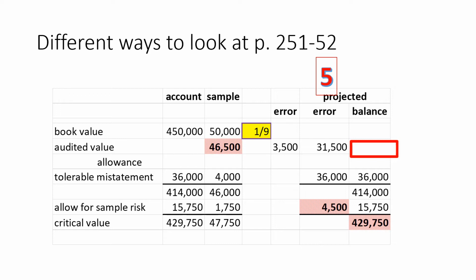Now, another way of looking at this: if I took my book value of 450 minus the 36,000, that would give 414. And my allowance for sampling risk would say my projected value for my sample should be greater than 429,750.